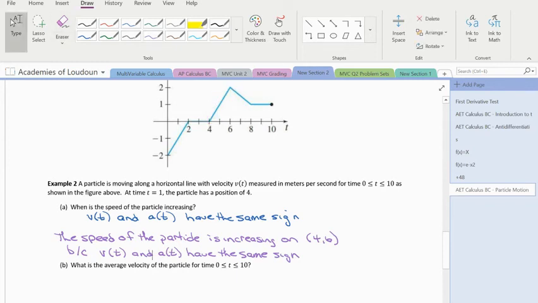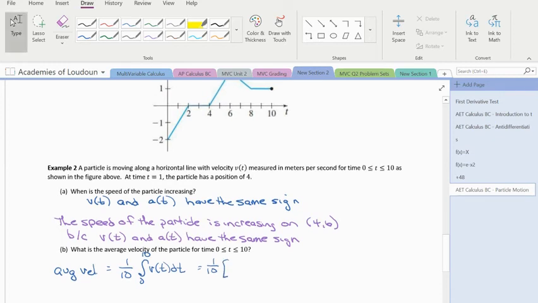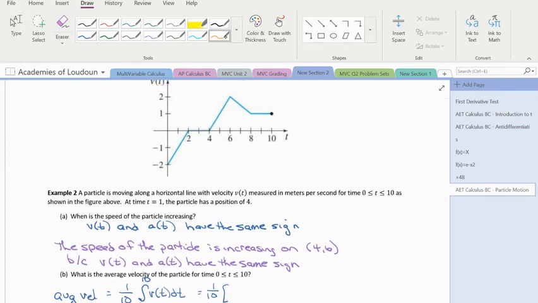All right, so looking at the average velocity of the particle from 0 to 10, remember that average velocity is going to be 1 over b minus a, so 1 over 10 times the integral from 0 to 10 of v of t dt. So that's going to be 1 over 10, and I need to go ahead and calculate my integral. And I can do this with triangles. So I can see that this area is going to be negative 2.